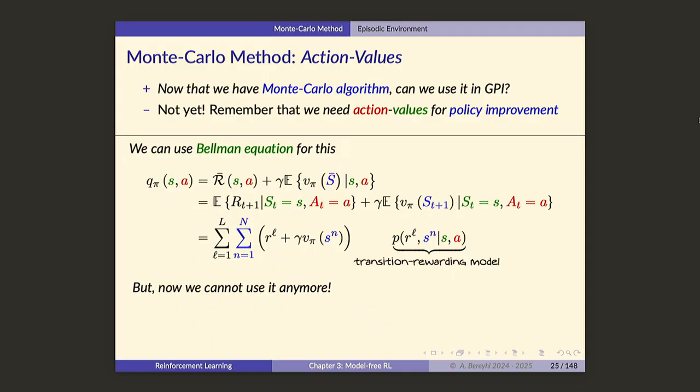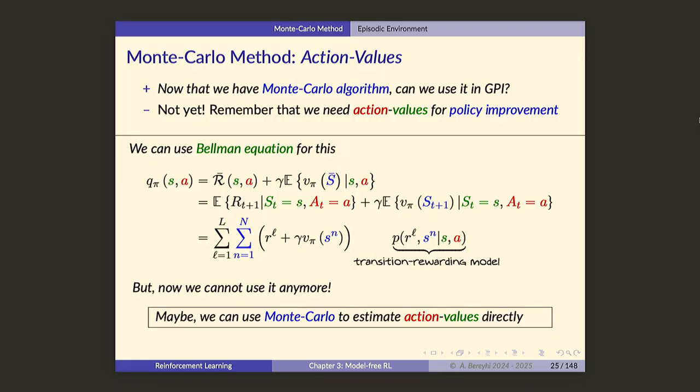And then you just average them over all samples that have the same state and same action, and this is going to be the action value. So this cannot be done directly, so we are just going to use Monte-Carlo to estimate the Q function from the samples. We're not really using Bellman anymore, because if we want to use Bellman, we need to know the transition function. We don't know it, right? This is the whole problem.